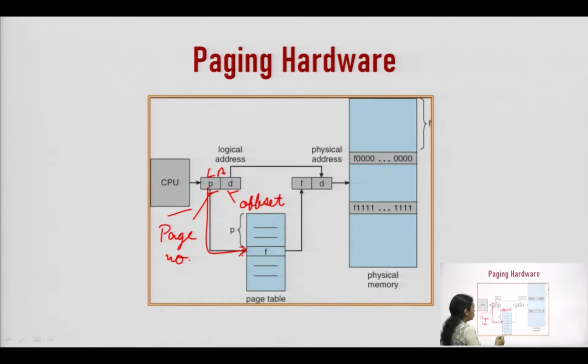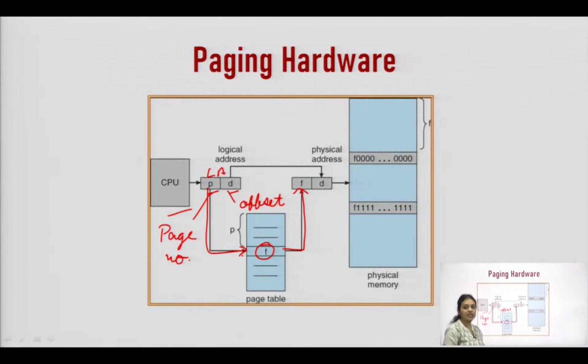Let us say we have one page here and we have got the location from here, that is F, the frame number. From here the frame number is fetched and it goes here. Now, we have got the starting location.